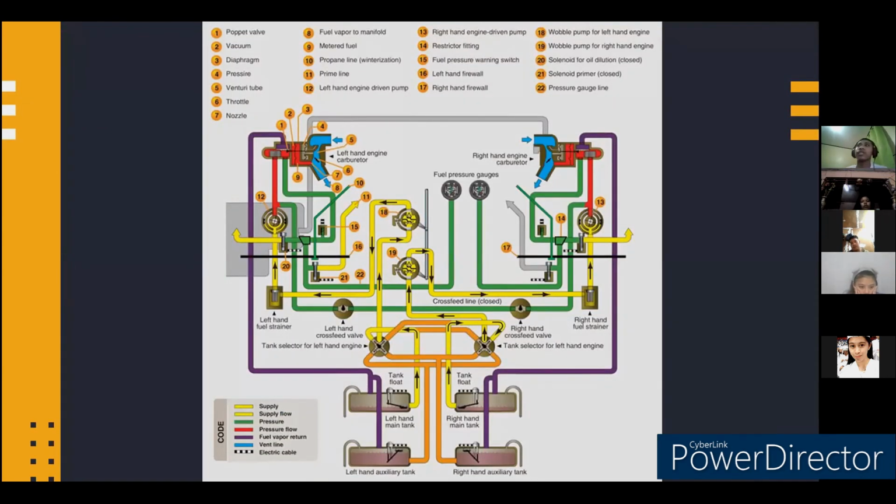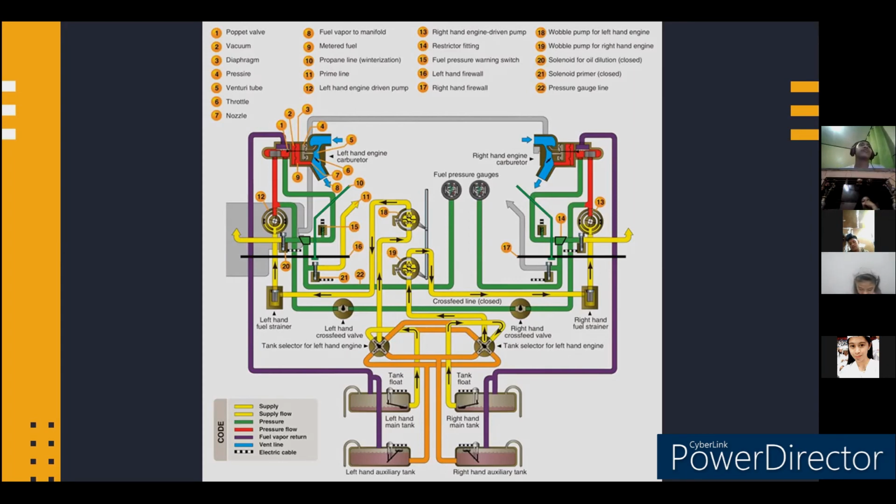So as you can see, this is an example of a large reciprocating engine fuel system. So kung makikita nyo, meron siyang main tank and auxiliary tank. So it is divided by 4 or even more depending on how many engines it has. So from its tank, main tank, ang magpapump niyan is the wobble pump, no? All the way papunta sa mismong strainer.